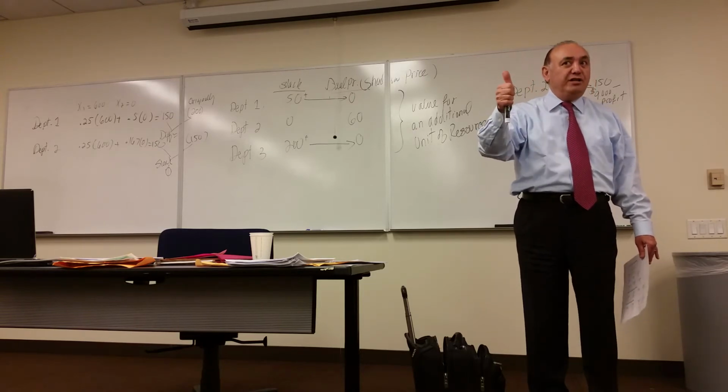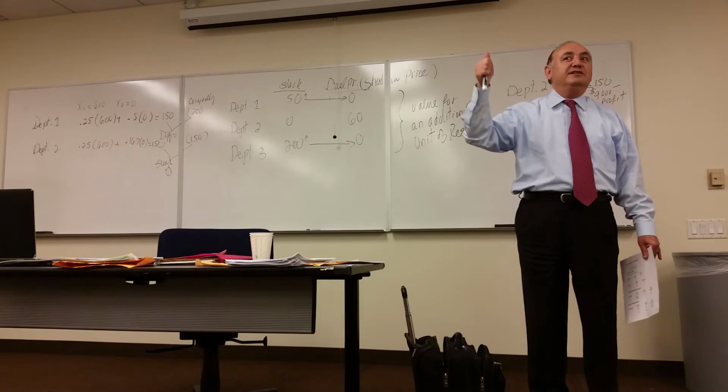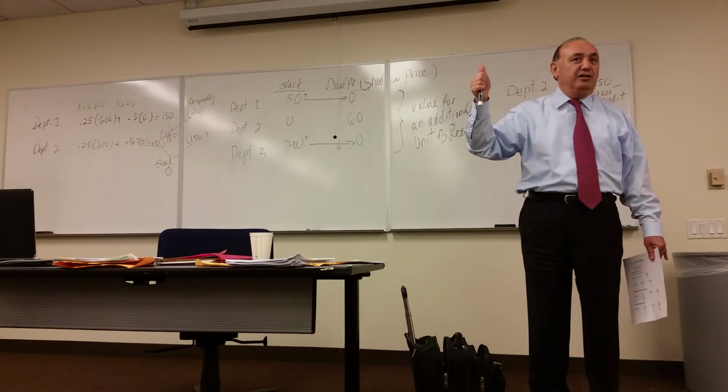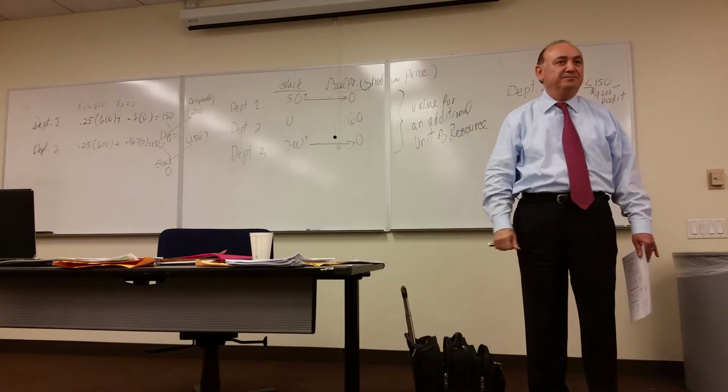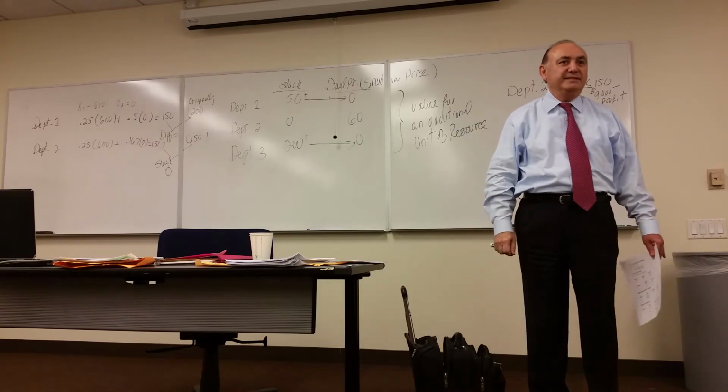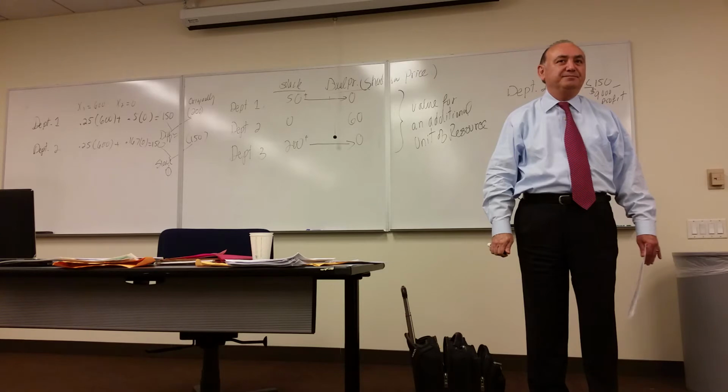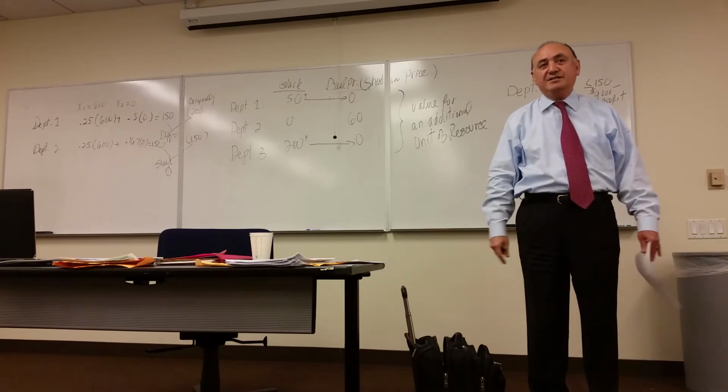If that one more engineer gives you $100,000 additional profit and you hire this engineer for 50, you're making profit. If you give them $100,000, obviously you break even.